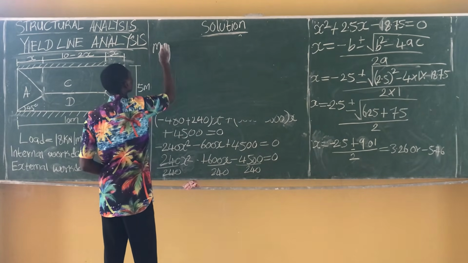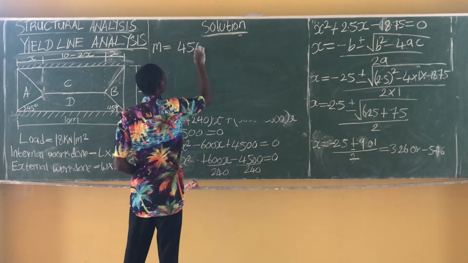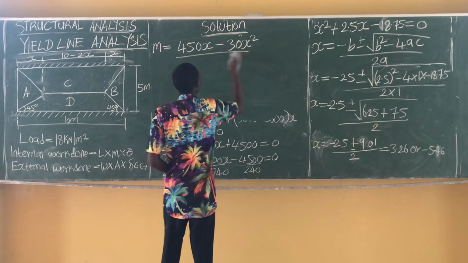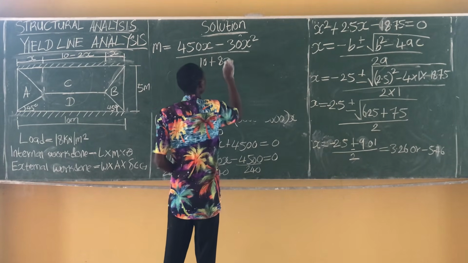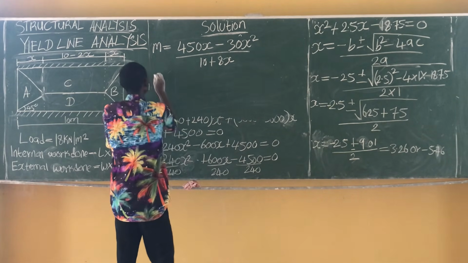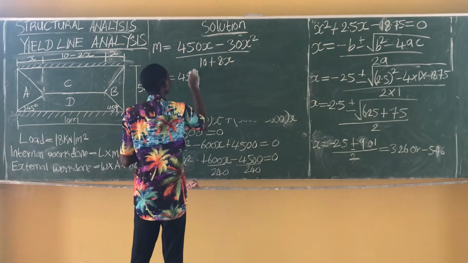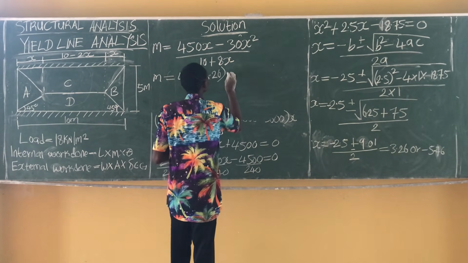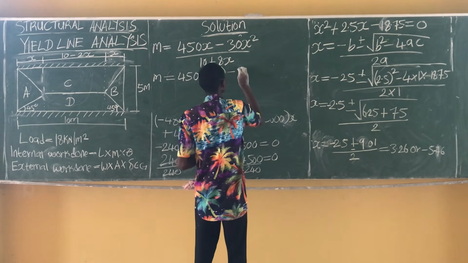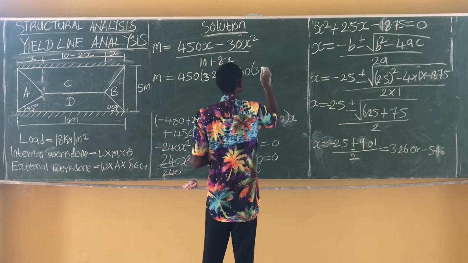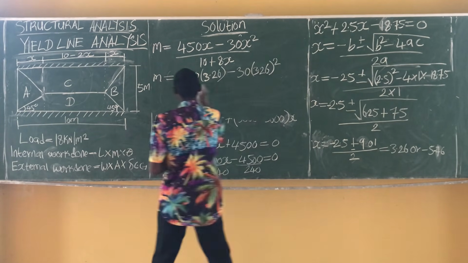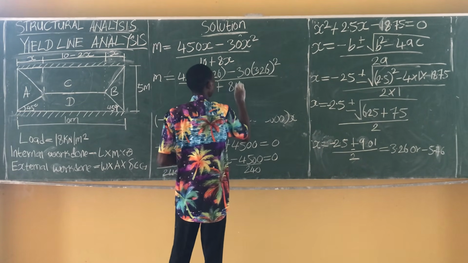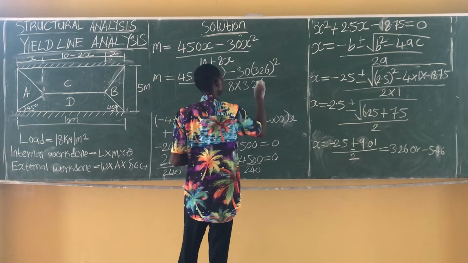So we have M equal to 450x minus 30x squared, all over 10 plus 8x. Substituting the value of our x, our moment is equal to 450 into 3.26 minus 30 into 3.26 squared, all over 10 plus 8 times 3.26.